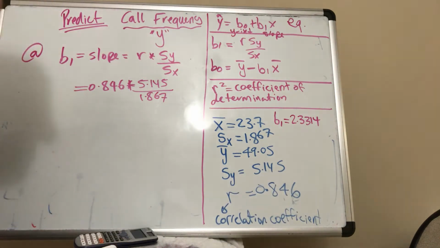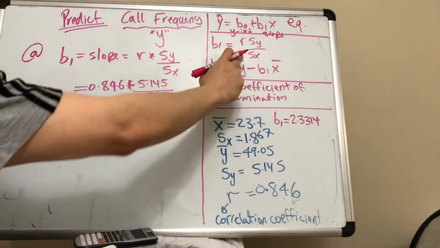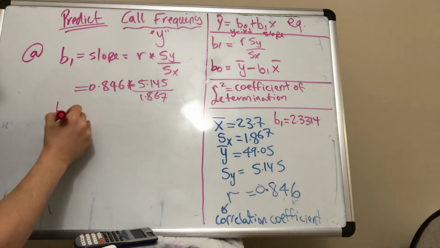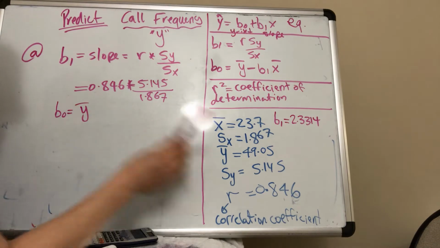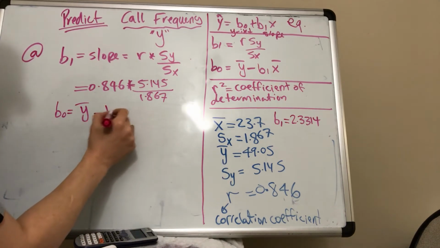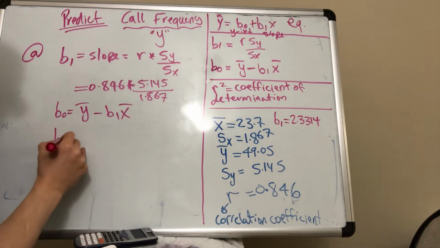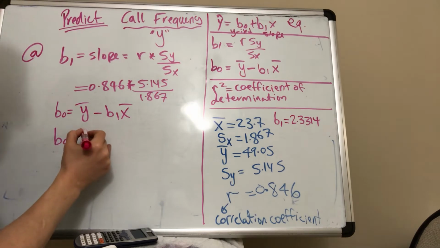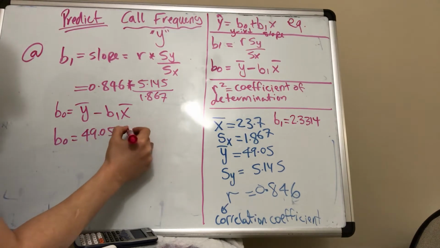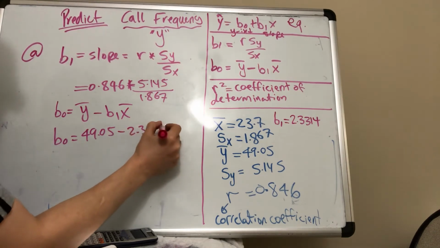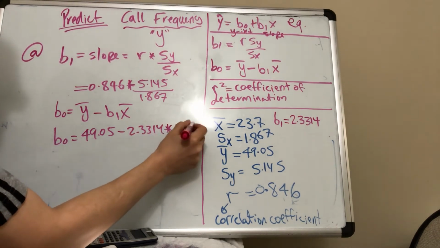And after you find b1, you use it to find b0. And the equation for b0 is you take average y minus slope times average x. So average y is 49.05, your slope we just did, and average x is 23.7.